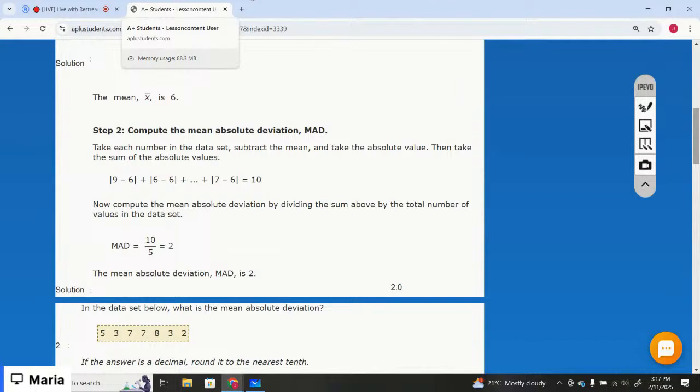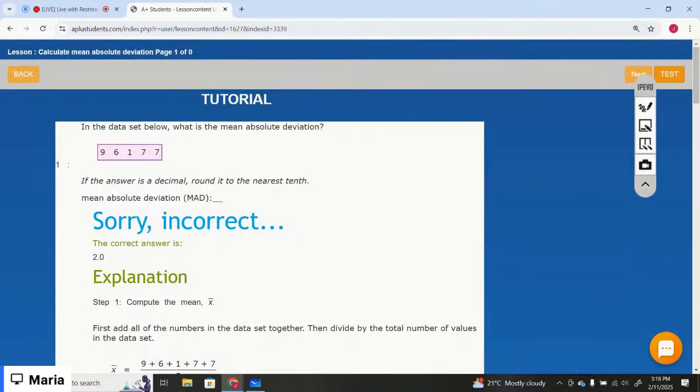Then you have to add them and divide them by the number of values. Let's just start with the test questions.